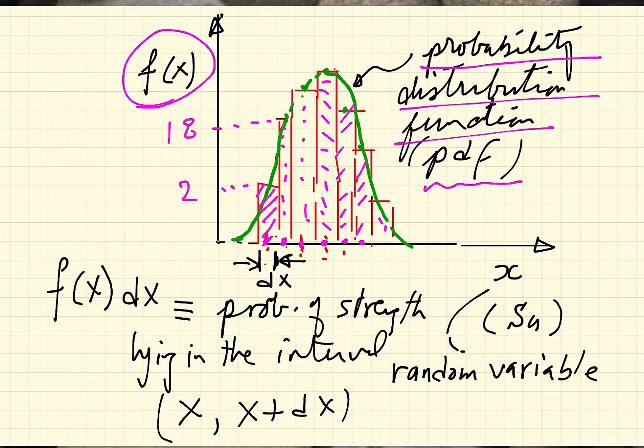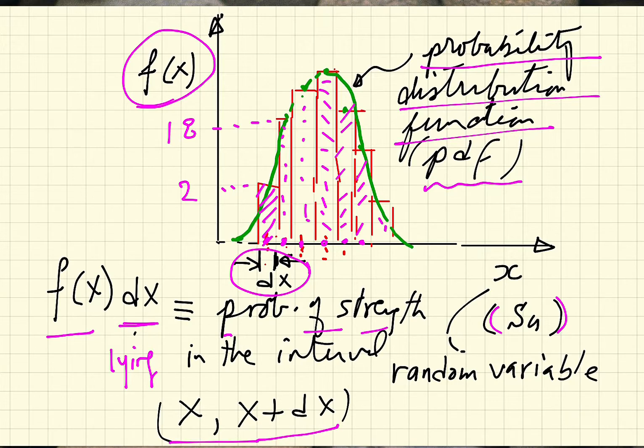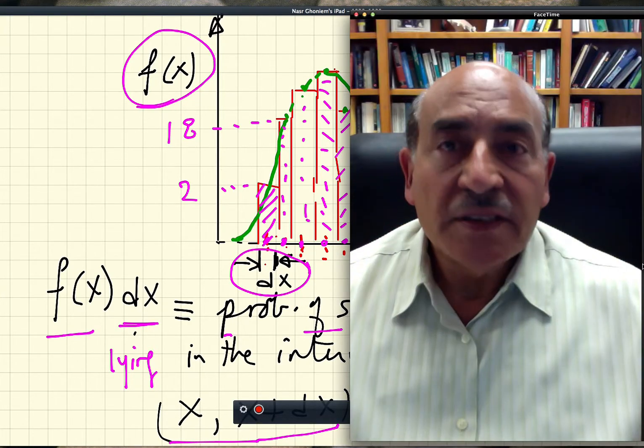So f of x is the PDF, and strictly we can define f of x times dx, where dx is the width of the bin, as the probability of the strength, which is S ultimate here, to be lying in the interval of x to x plus dx. And we're going to call this a random variable. The random variable is S ultimate, which is the same symbolically as x. And that's kind of the definition of the PDF.